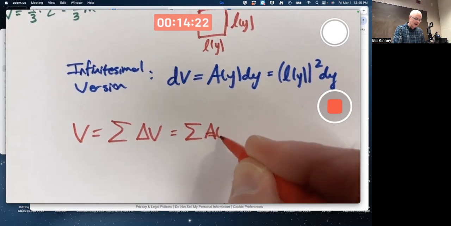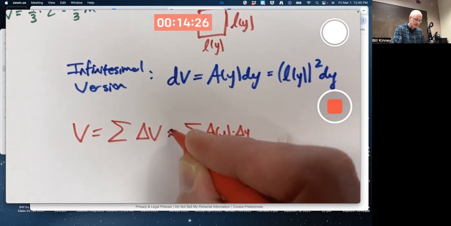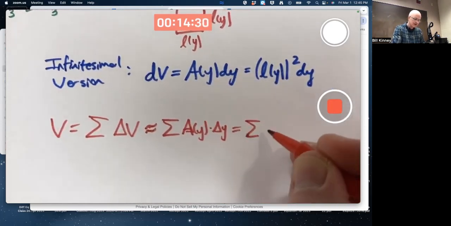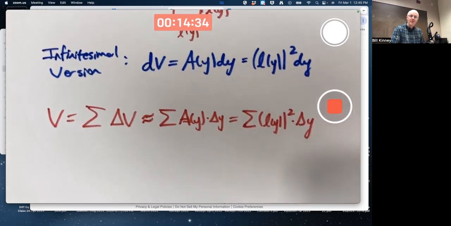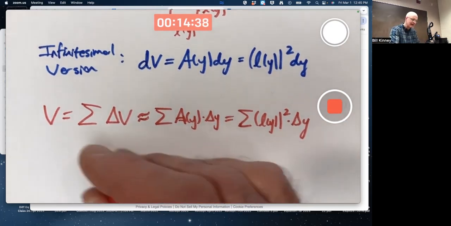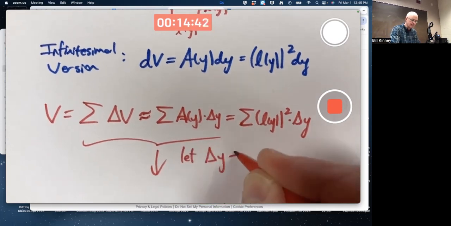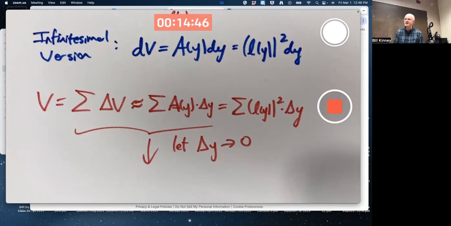Summation of A of y times delta y. Oh, and this is an approximately equal to here, which we could write as a summation of L of y squared times delta y. And then in this Riemann sum approach, we take this and we say, let delta y go to 0.